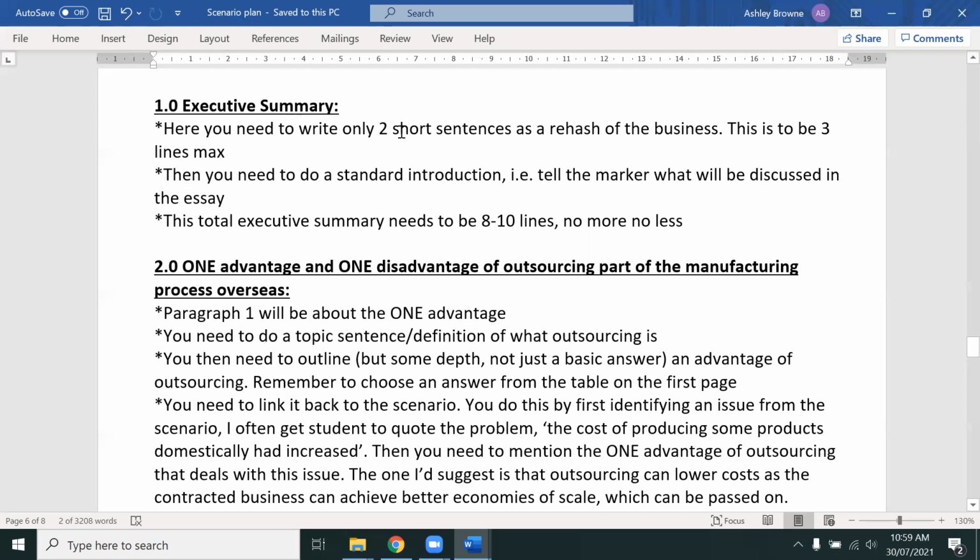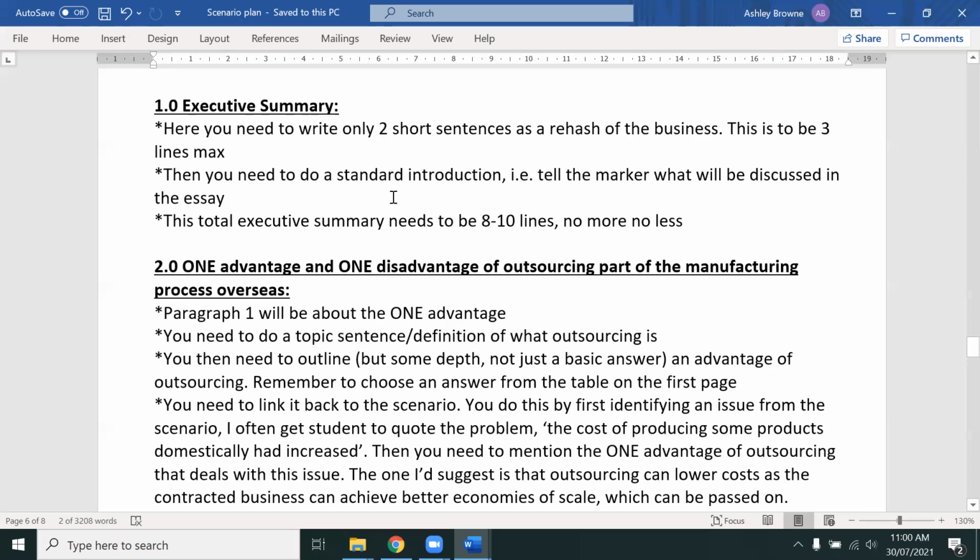But you need to write 2 short sentences as a review of the scenario, a rehash of that business. It needs to be 3 lines maximum, no more. Some kids are writing half of their scenario and then half as a standard introduction, and you're just wasting your time. So literally 2 to 3 lines, 2 short sentences, real short, on what the business is about.